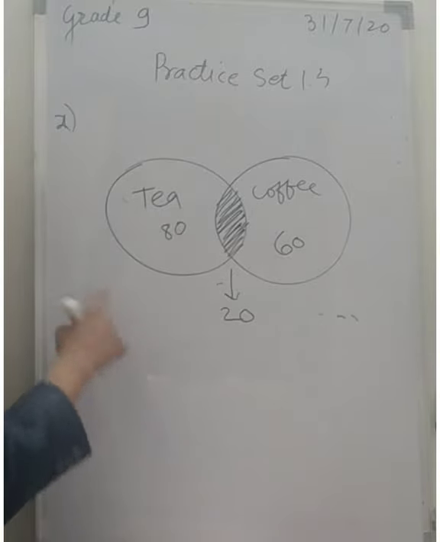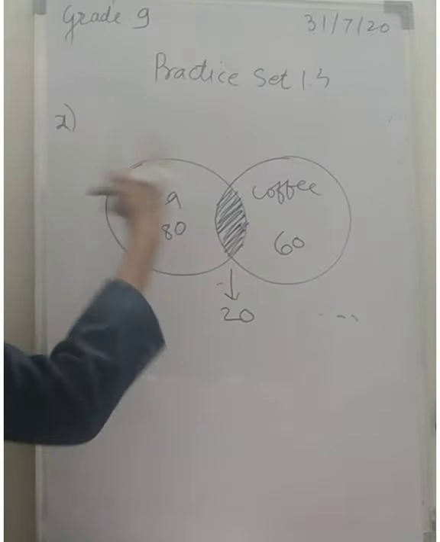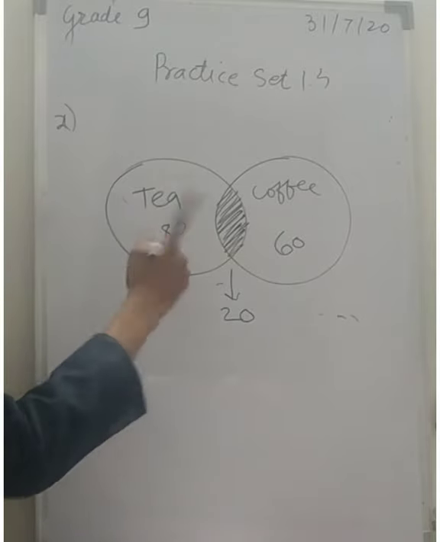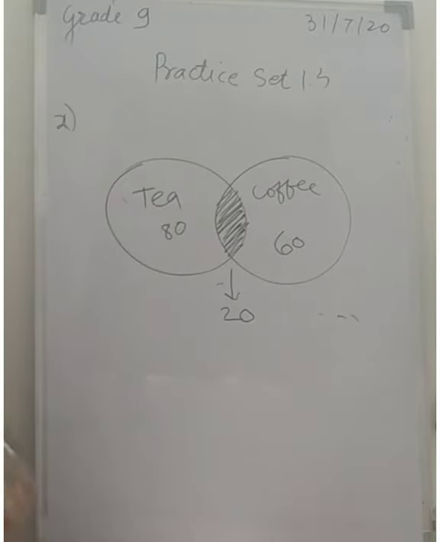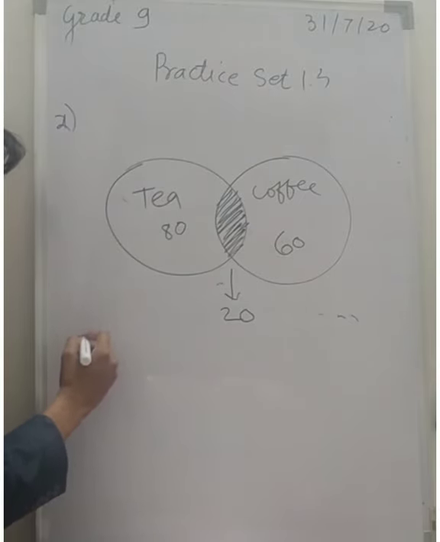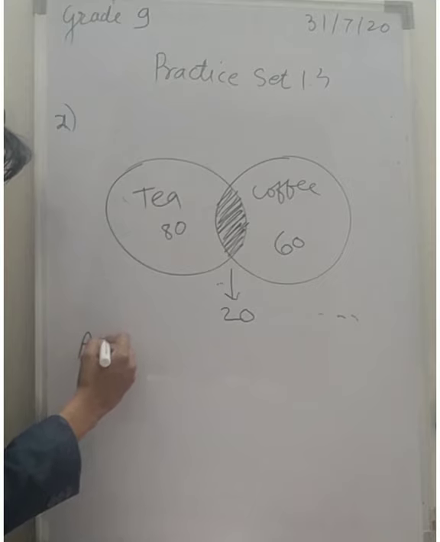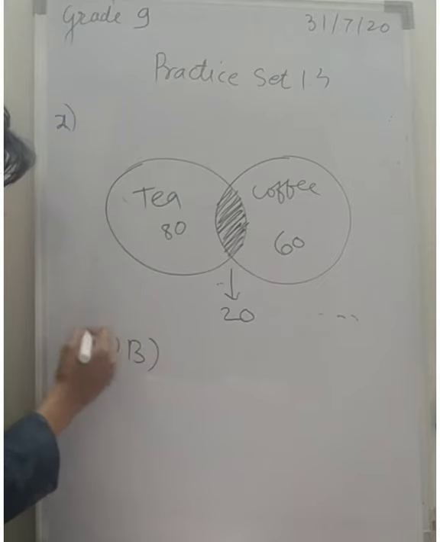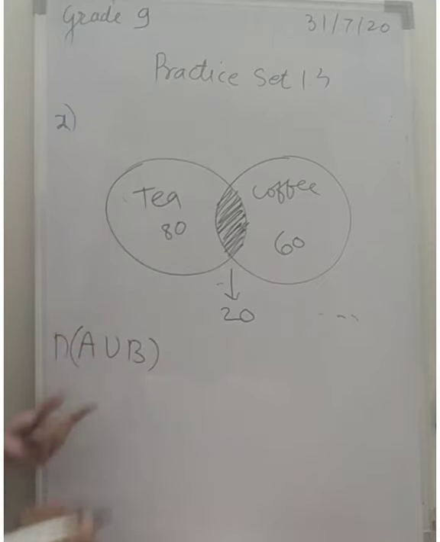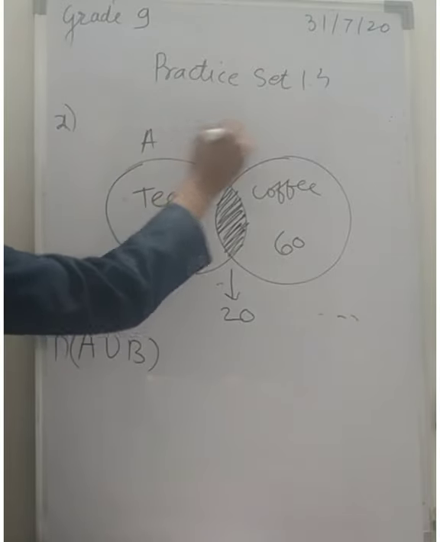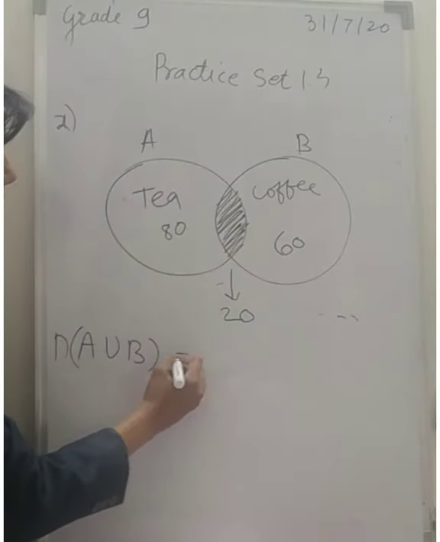Okay, so that means we need to find the union of these two sets, and once you find the union, you will get to know the number of students who are drinking tea or coffee. Okay, and you know the formula. A union B, the number of students in sets A and B. Okay, what is the formula?